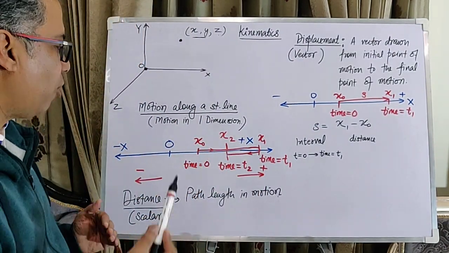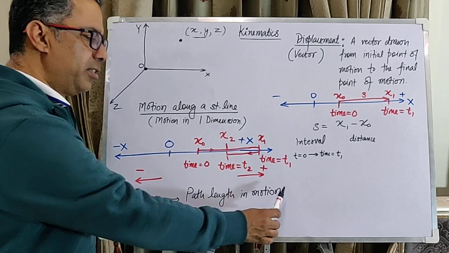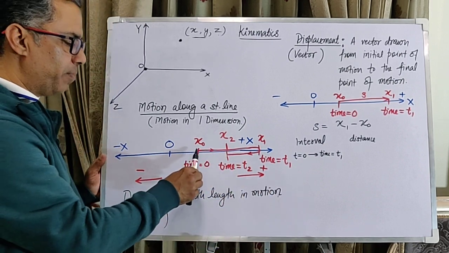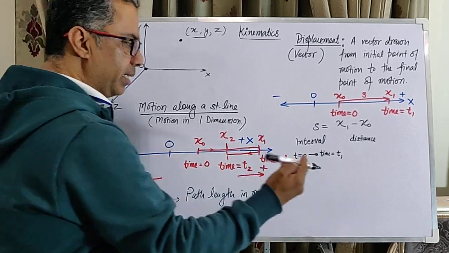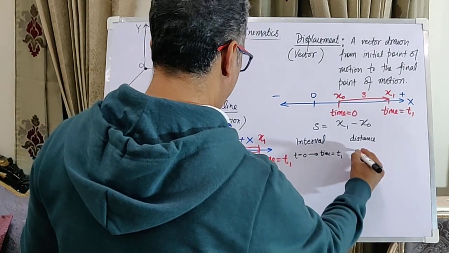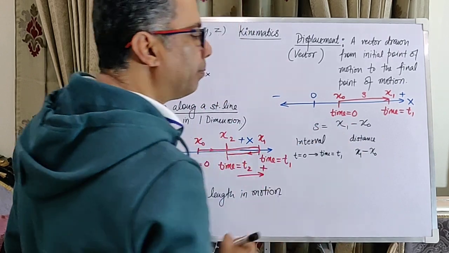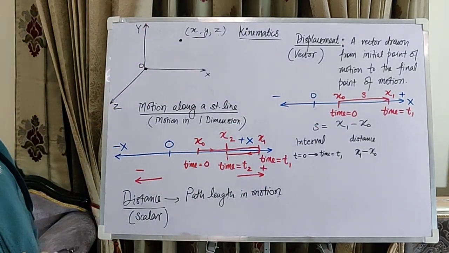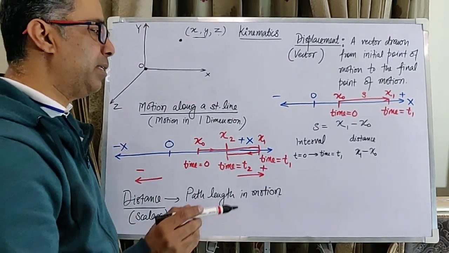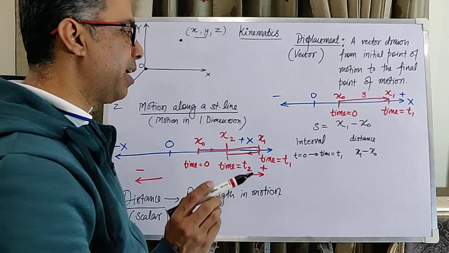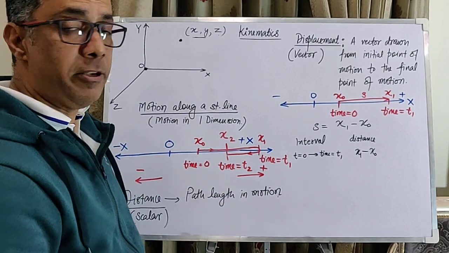Distance is the length of the path. If you recall, it's the length of the path. So the length of the path from here to here is simply the mod of x1 minus x0. Mind you, distance is a scalar and it cannot have negative values.